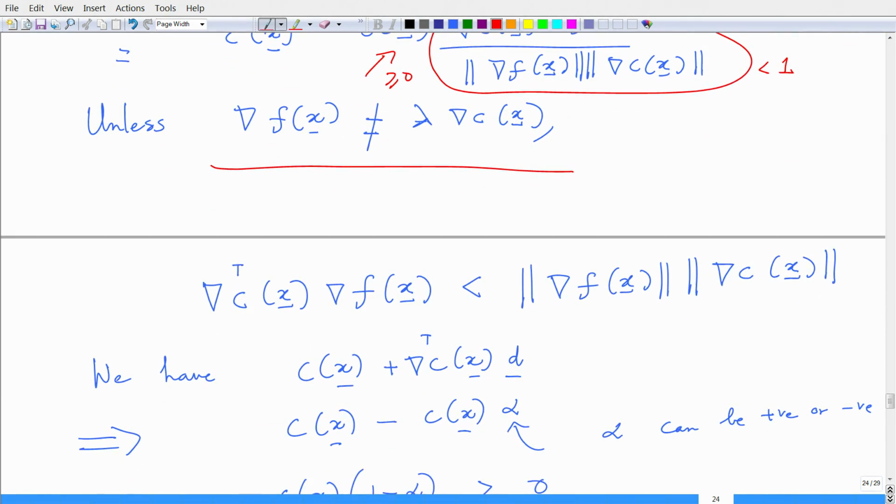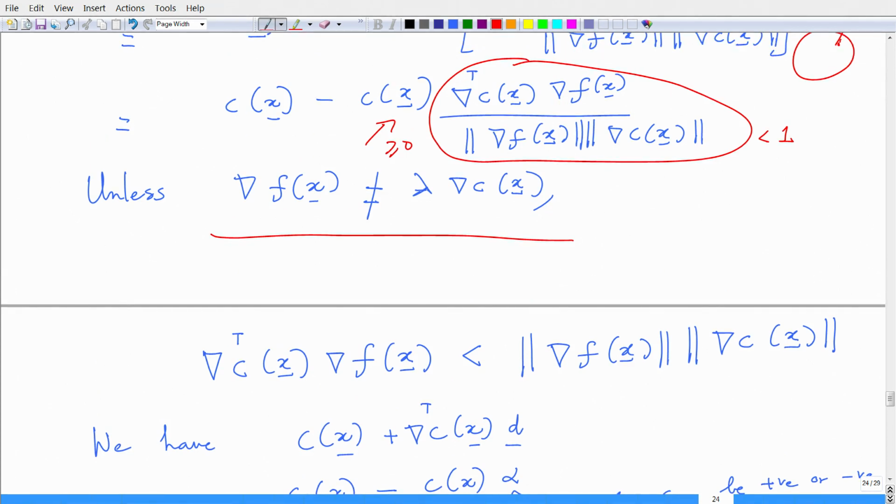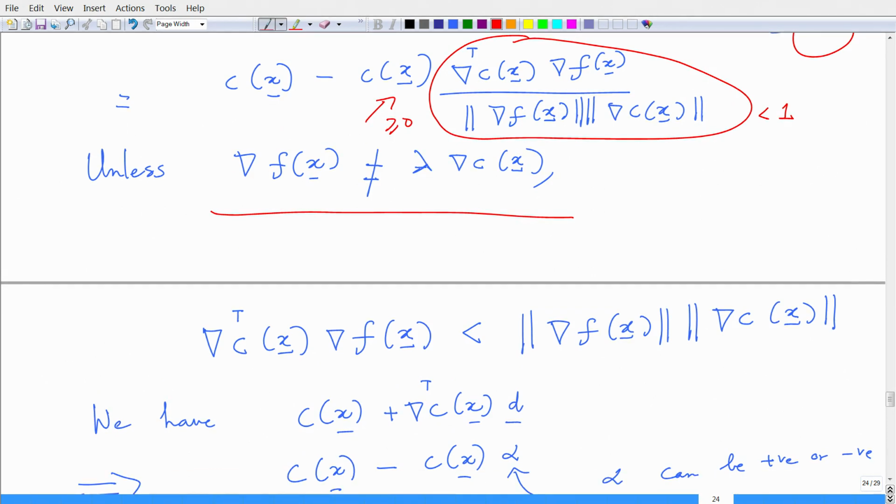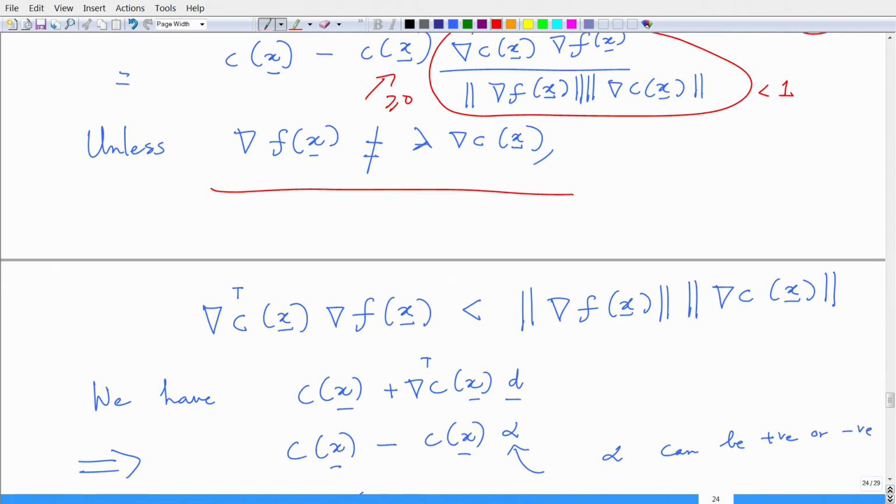So, how do we ensure this? You can check this out again through the Cauchy-Schwarz. Now, del C transposed del f is strictly less than norm del f times norm del C, because I remove the equality condition, as I do not consider the case when del f is equal to lambda del C. So, I ignore that condition.